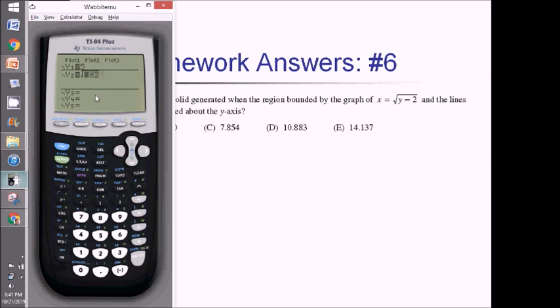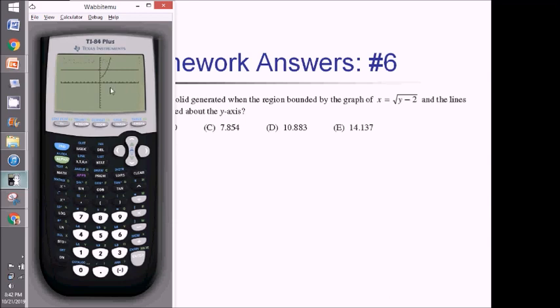And I'm actually going to deselect that because I don't really want to graph that. What I do want to graph, if I quit out of there and do second program to pull up my draw menu, option 8, I want to graph the inverse of that. So I'm going to do alpha trace y2, and now what this is going to do is actually graph out this function right here.